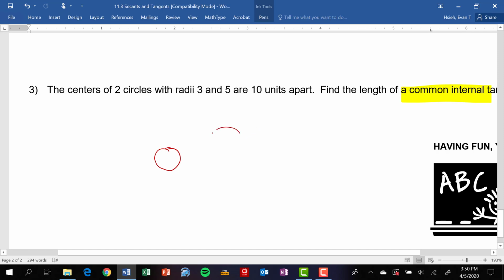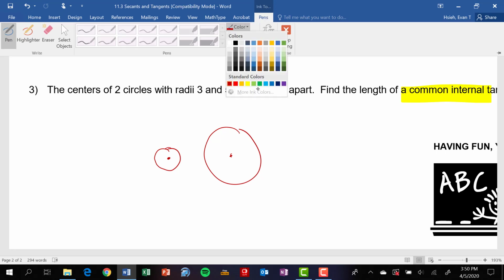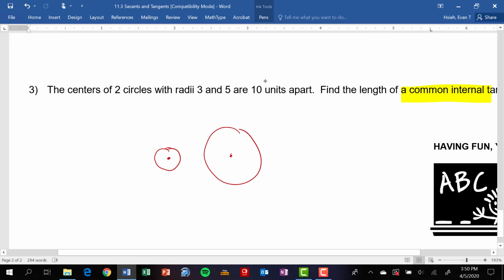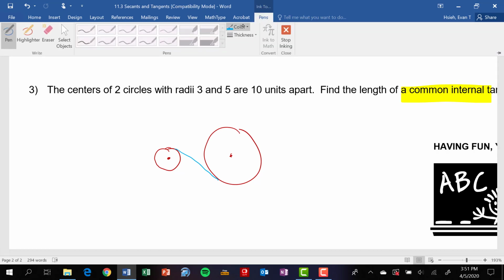Sorry about that. My two circles are clearly different sized. Here's my two centers. Common internal tangent is what we're looking for. And the internal tangent is going to be drawn like this. It's going to be the tangent line that goes in between the two circles. So it's an internal tangent.